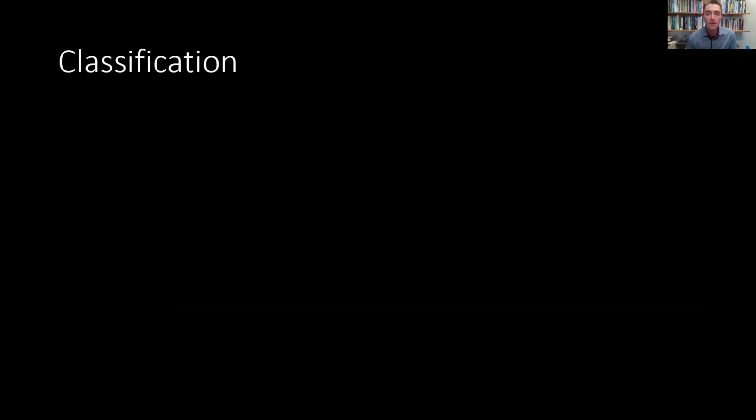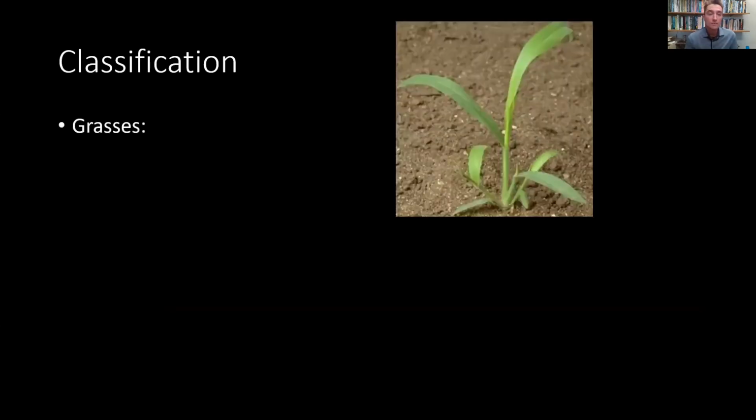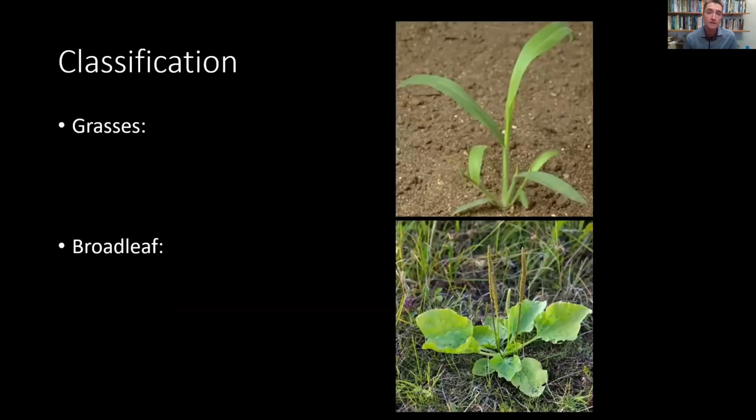We can start by placing weeds into two general categories. Weeds can either be grasses or broadleaf. Now, in this context, when we're talking about grasses or broadleaf, we're not being very scientific.